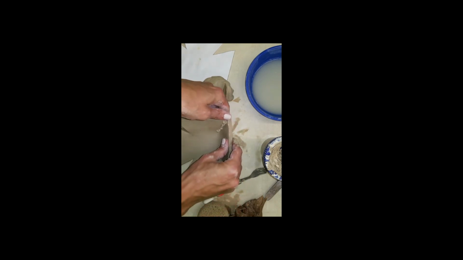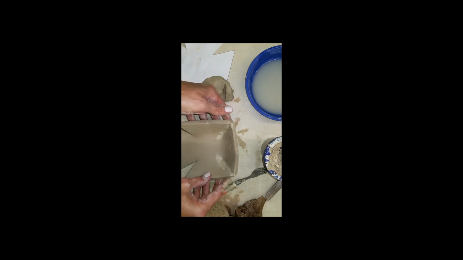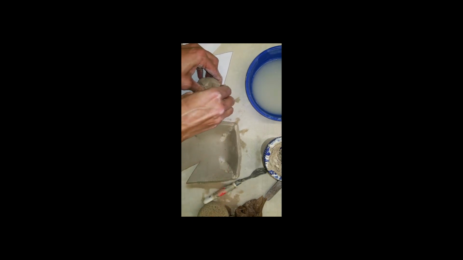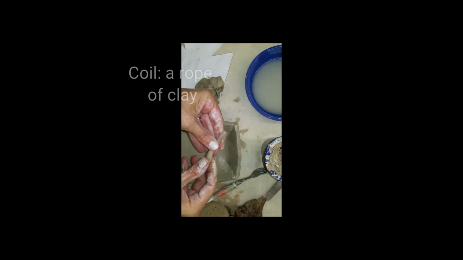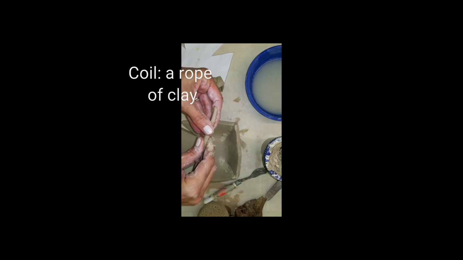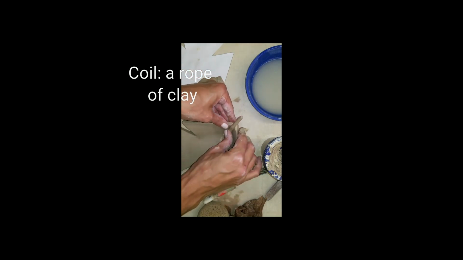But the next thing you're going to want to do is take some soft clay and reinforce those walls where they meet by simply adding a soft coil in those edges. You don't have to work too hard at making it perfect. You're simply going to lay it in.